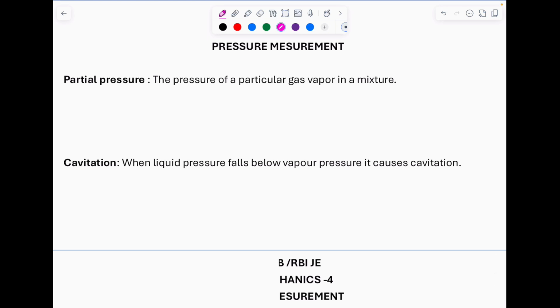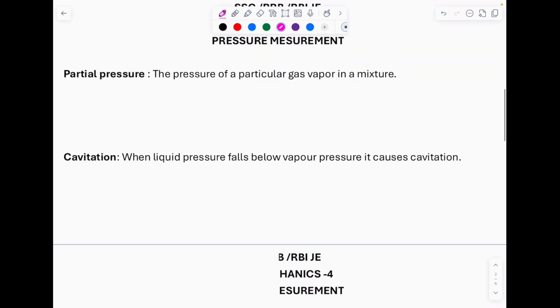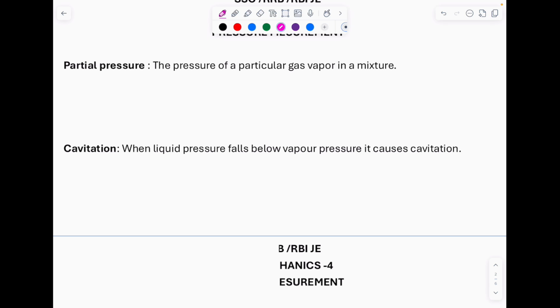What is partial pressure? For example, a container is there like this. In this, different types of gases are there.